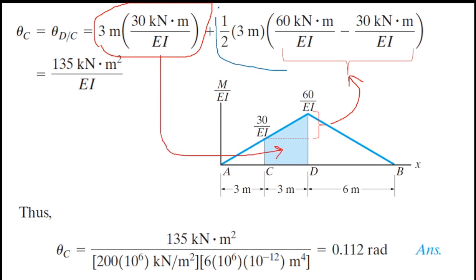And this is the area of this triangle. So when you simplify it, you will have 135 over EI. So next you can substitute values for E and I. Then you will have theta C equals 0.112 radians.